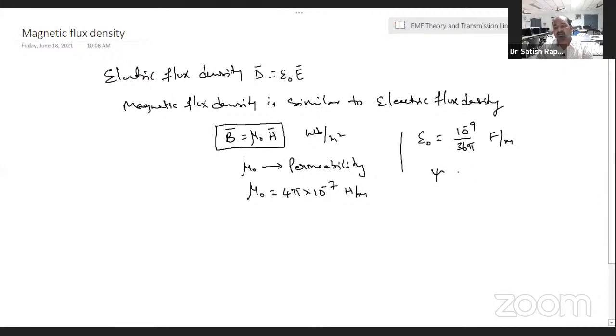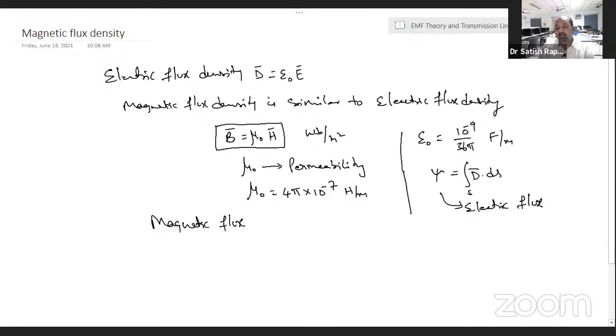Electric flux xi is equal to the surface integral of D bar dot ds. This one is electric flux.